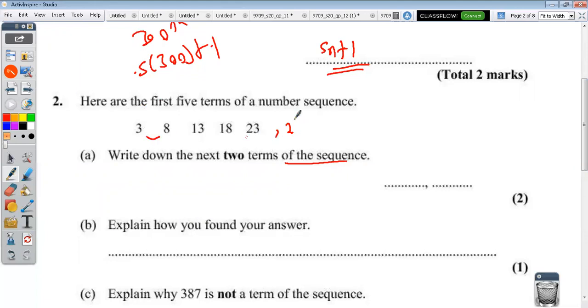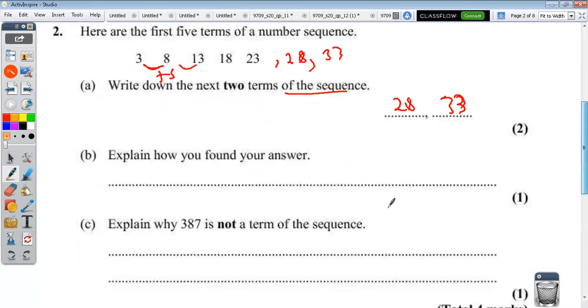Yes. And 33. 28 and 33. They are saying, explain how did you get your answer? You discover that the difference between consecutive terms is plus 5. So all you're doing is adding 5. Clear?